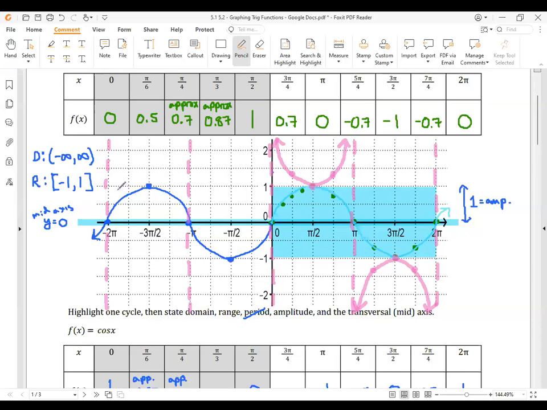Once again, undefined, 1.4, 1, 1.4, and undefined. It's going to look like this. And undefined, negative 1.4, negative 1, negative 1.4, and undefined. A secant curve looks a little wild.